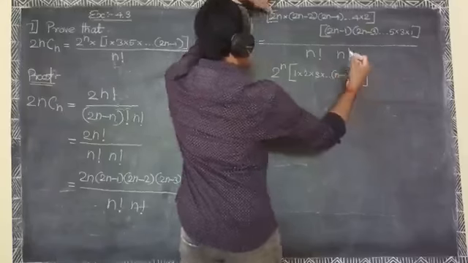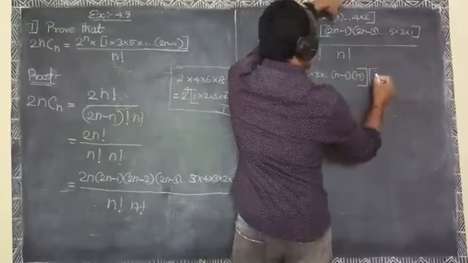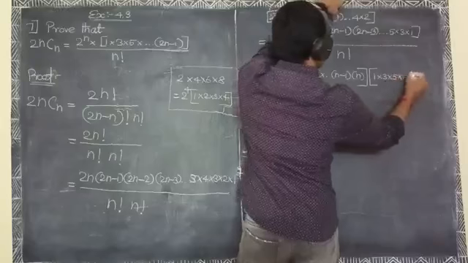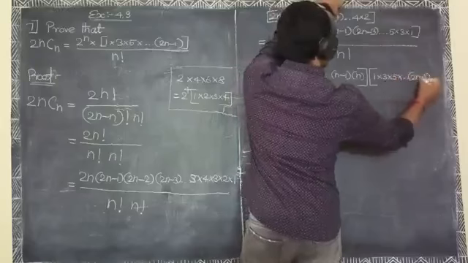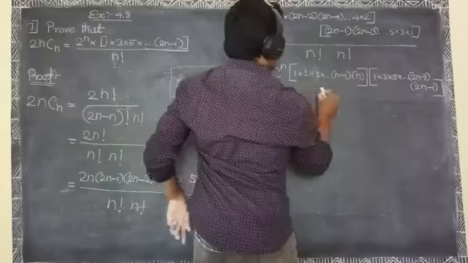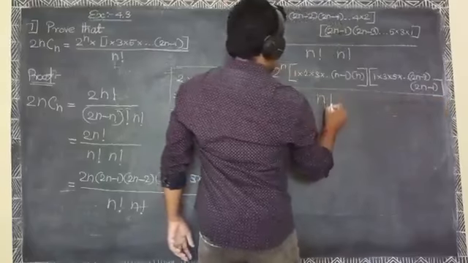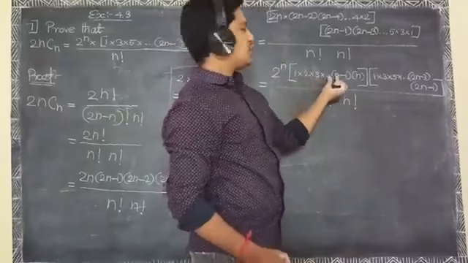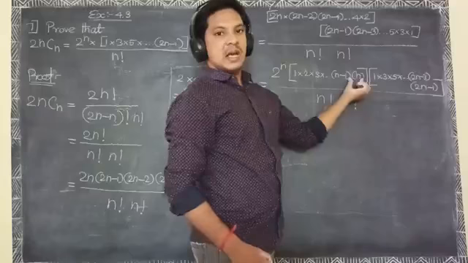The odd numbers don't change, that is 1 into 3 into 5 into and so on, (2n minus 3) into (2n minus 1). Then the denominator is n! into n!. Here 1 into 2 into 3 into and so on, (n minus 1) into n is n!.